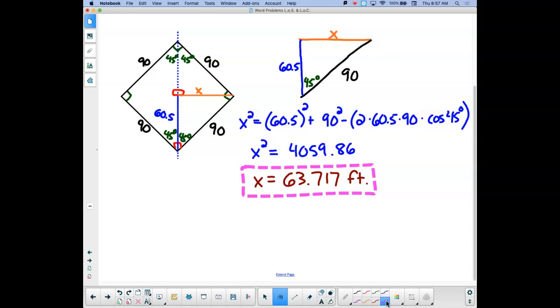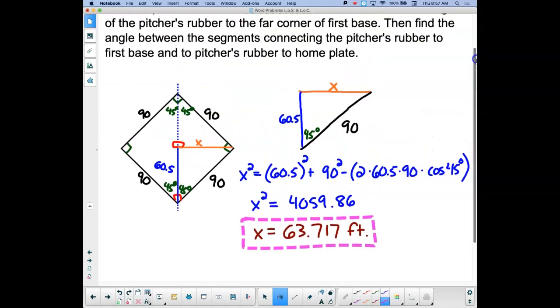So the second question that was asked was, then find the angle between the segments connecting the pitcher's rubber to first base, that's our orange X, and the pitcher's rubber to home plate, that's our blue 60.5. So we need to find this angle right there.